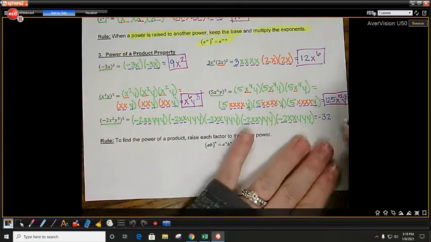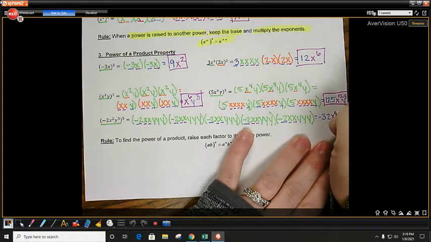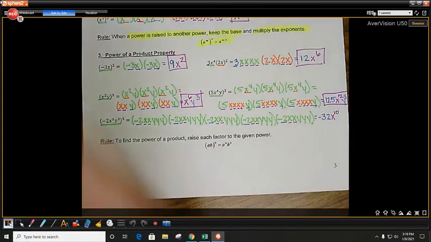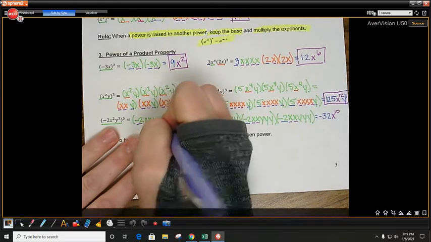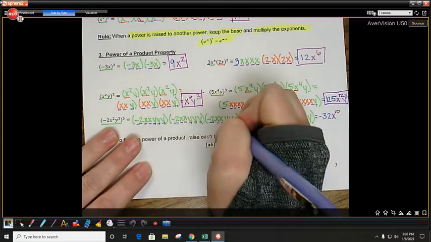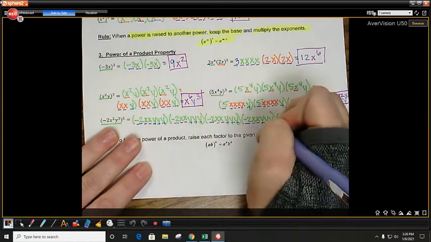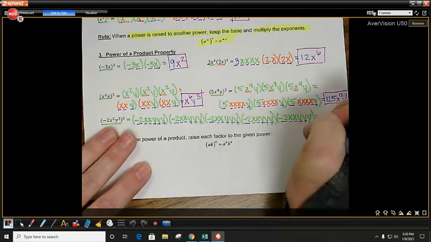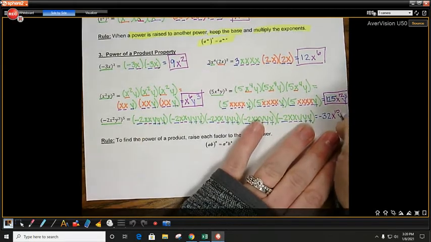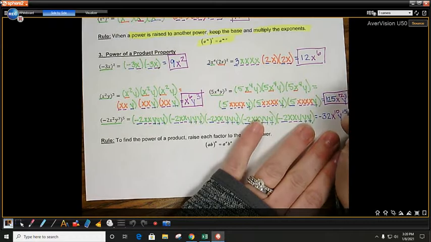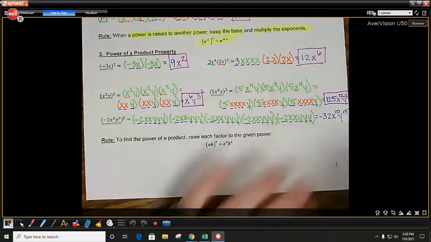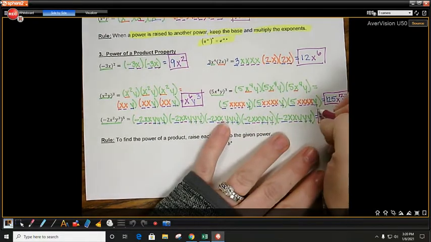So this is x to the 10th power. Then we have 1, 2, 3, 4, 5, 6, 7, 8, 9, 10, 11, 12, 13, 14, 15 y's. So that's y to the 15th power. And there is my answer.